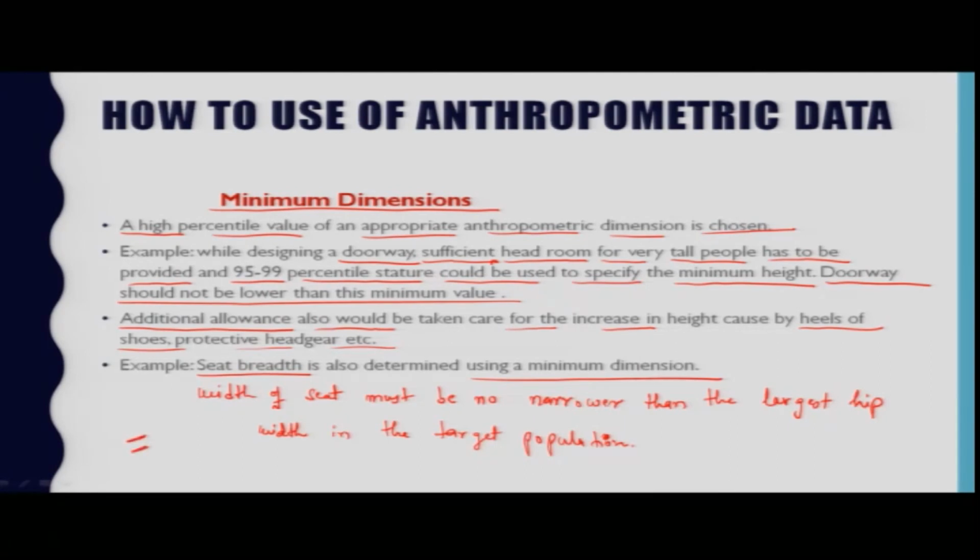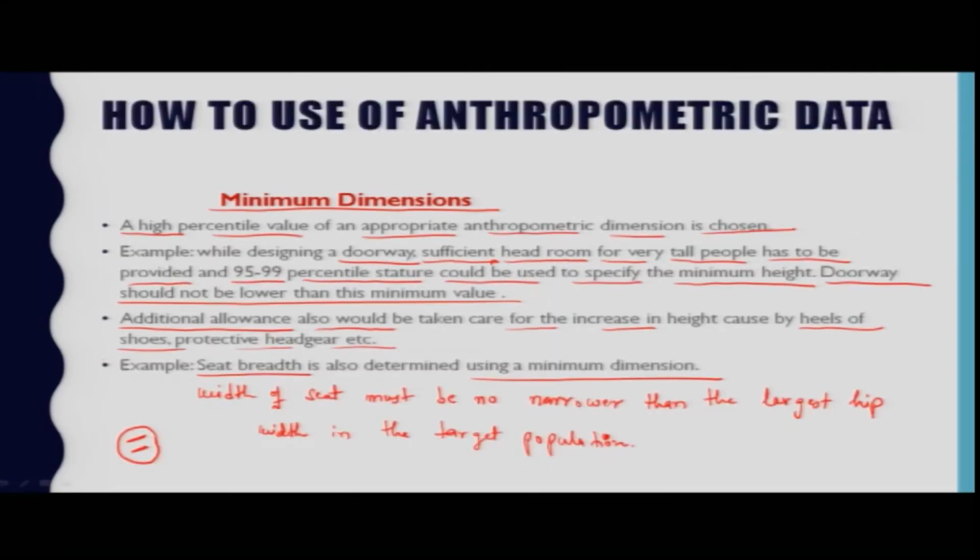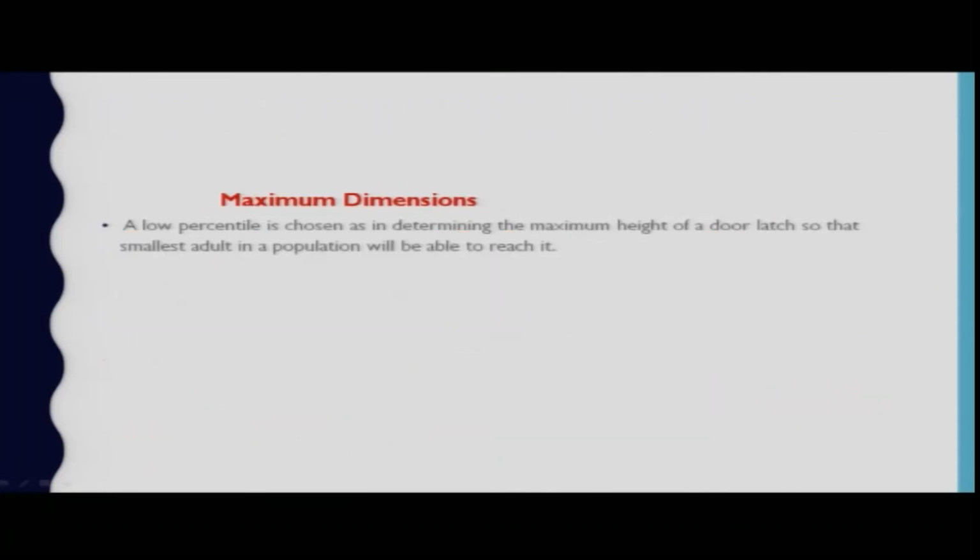So, in this way we describe the percentile, which kind of percentile we have to choose in order to come to the final design. We will take up the calculation of percentile and how we can perform the calculations in the forthcoming slides. So, the second case is choosing the maximum dimensions.